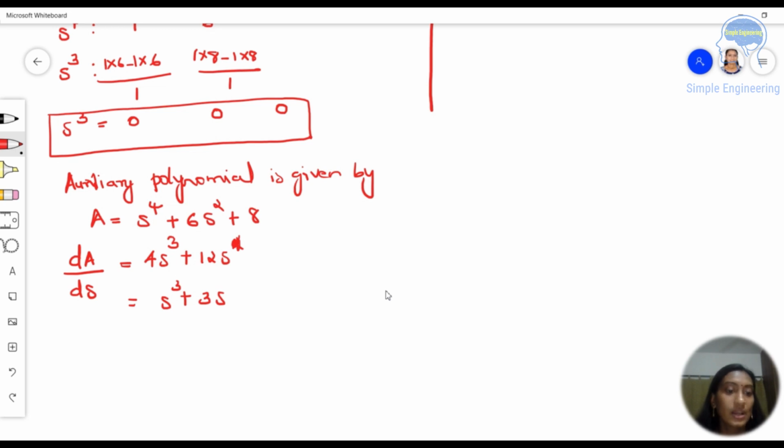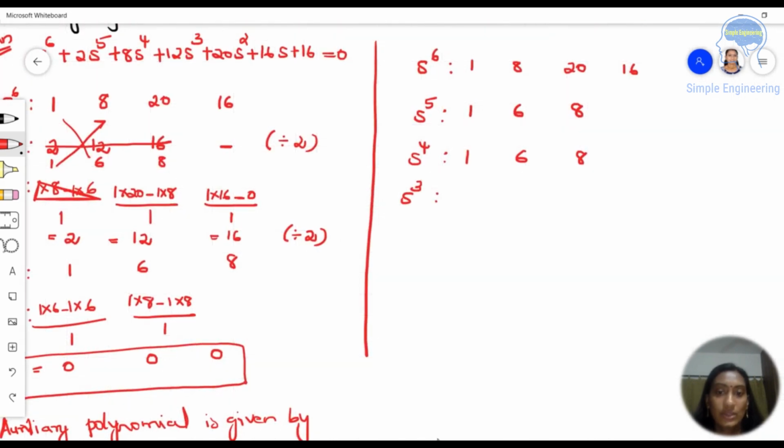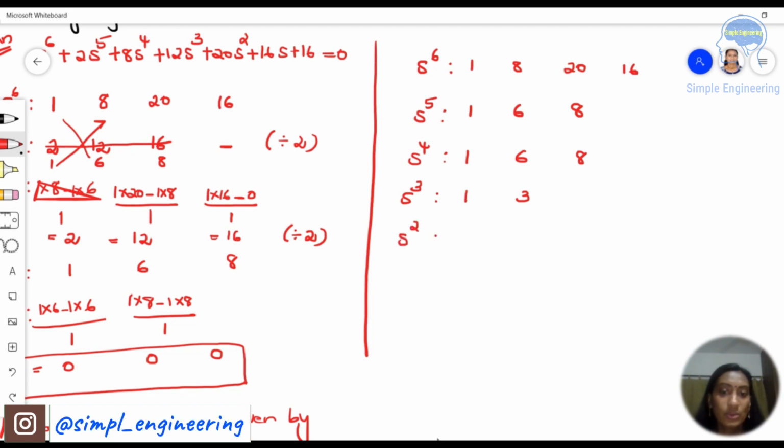So s cube, its coefficient is 1, and 3s, its coefficient is 3. So s power 3, you can write it as 1 and 3. Next you have to find s power 2.